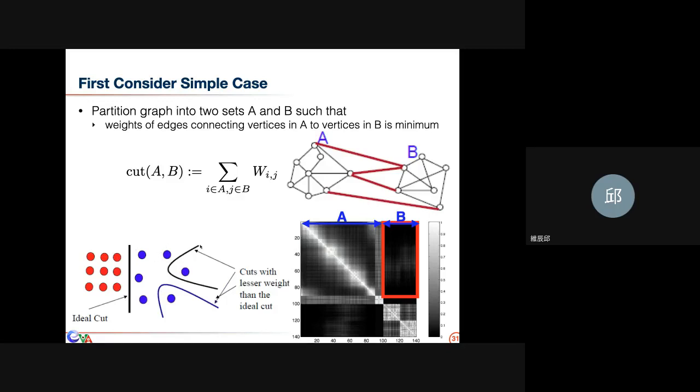This kind of cut will give you smaller cut costs in comparison to the ideal cut, because it only needs to consider the similarity from this data point to all the others.